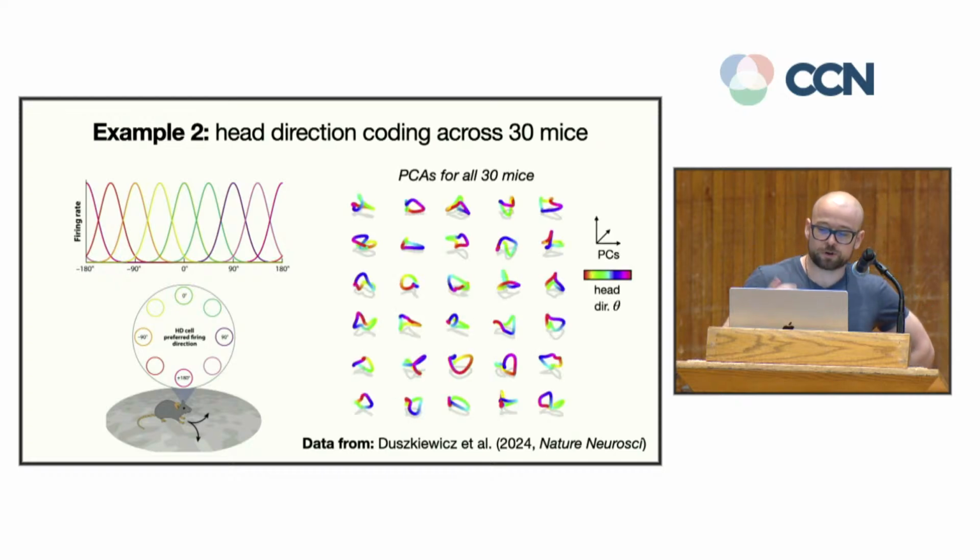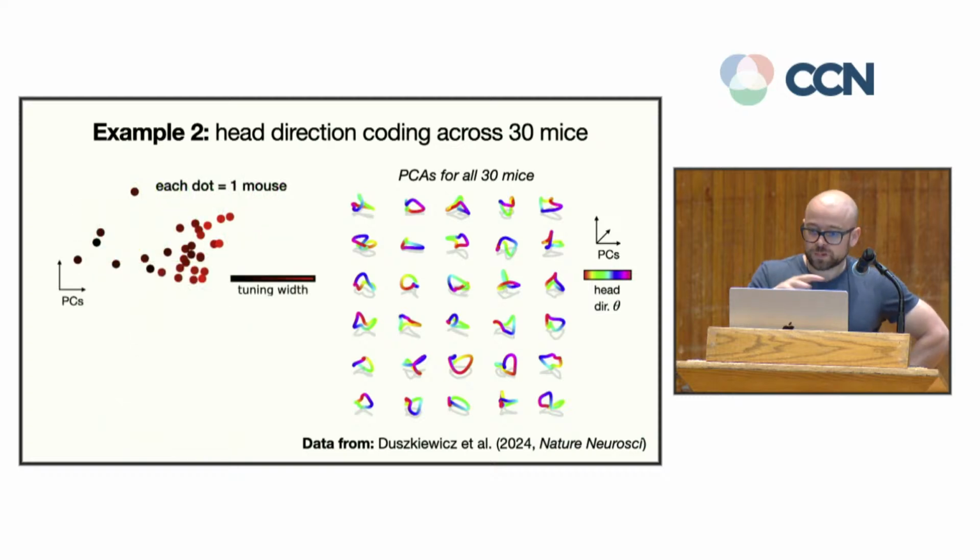They have recordings in 30 different mice from this brain area, and we're showing you here principal component analysis projections for all 30 of these mice separately. Unsurprisingly, because this is a one-dimensional periodic variable, you get a low-dimensional ring manifold in all of these animals. But you can probably see that the geometry of this low-dimensional summary plot is different across animals.